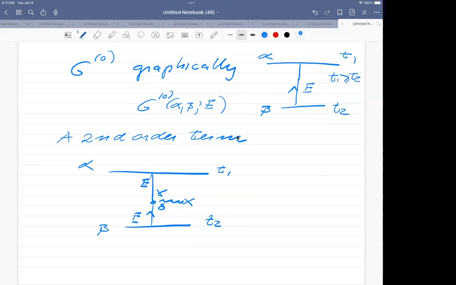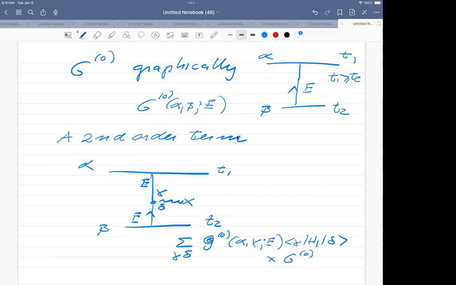So where in principle, what we have done now is simply to sum over gamma and delta, and then we have G0 of alpha and gamma for an energy E. This is multiplied with the interaction, gamma of H of I over delta, multiplied with G0.